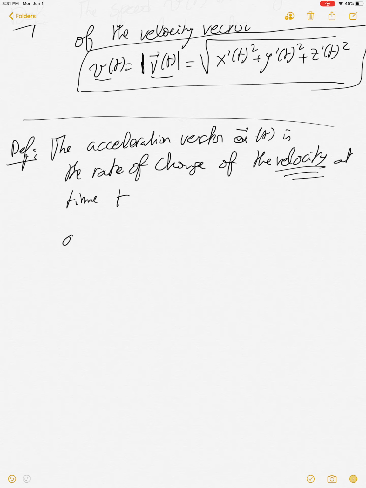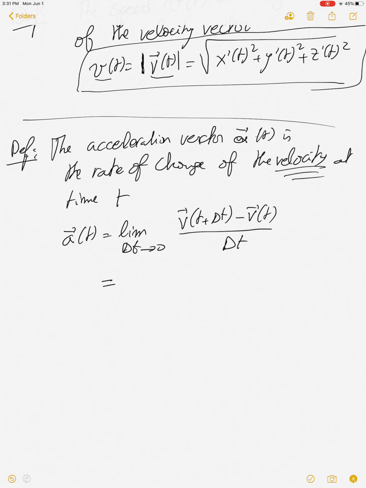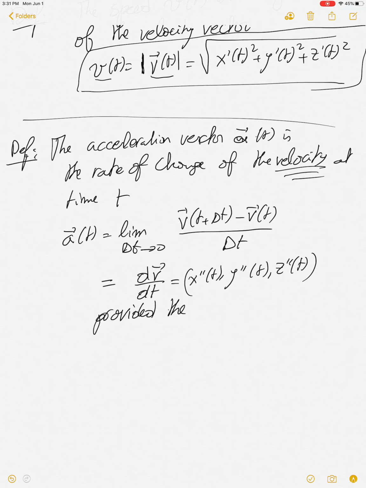So a of t is the limit as delta t goes to 0 of v of t plus delta t minus v of t over delta t, and this is nothing but dv over dt, which is x second of t, y second of t, z second of t, provided the functions x of t, y of t, z of t are twice differentiable.